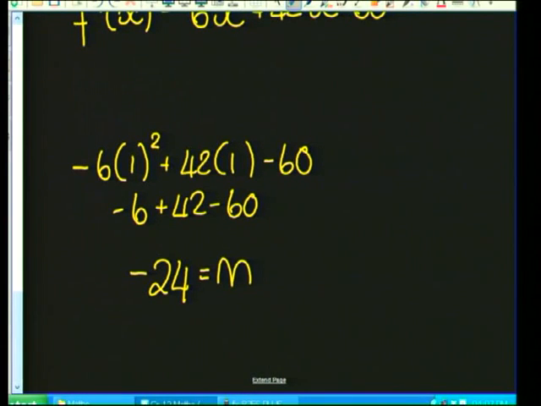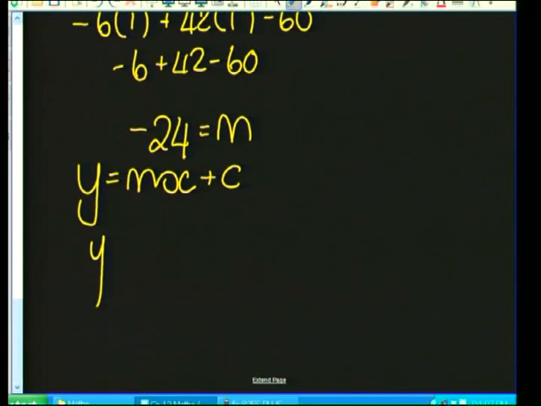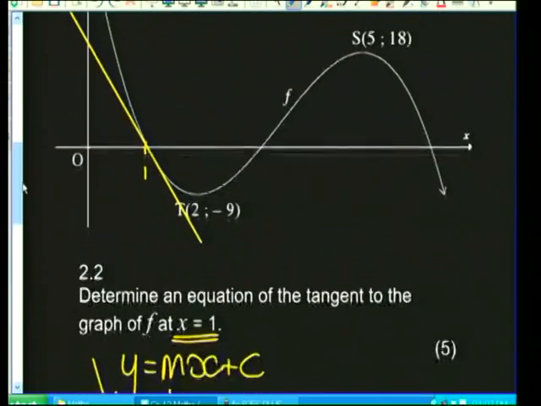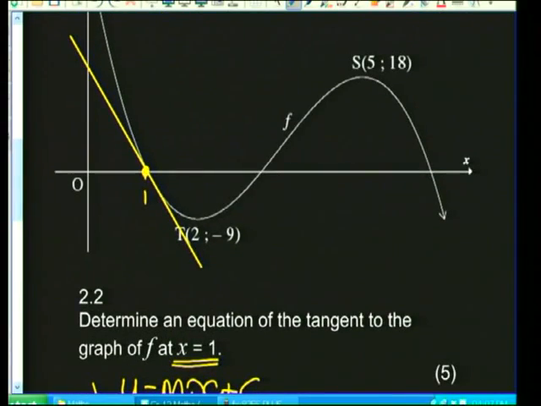So as it stands right now, if I'm working with the y equals mx plus c formula, the m, the gradient, is now negative 24. The y-intercept, I don't know yet. When we work with any point on a graph, if I have the x-coordinate, we are always able to work out the y-coordinate. We take the x value and sub it into the formula.